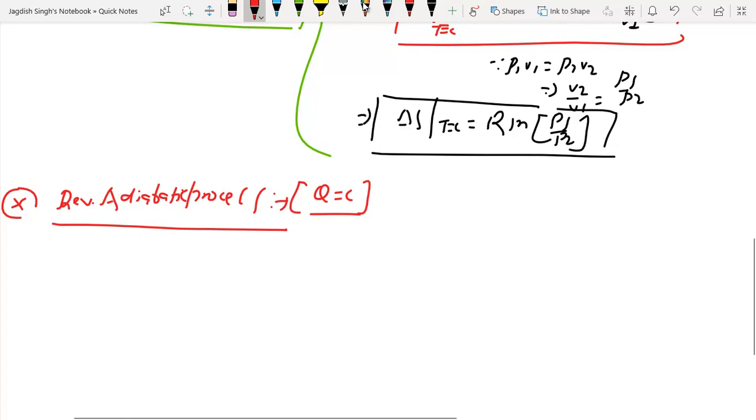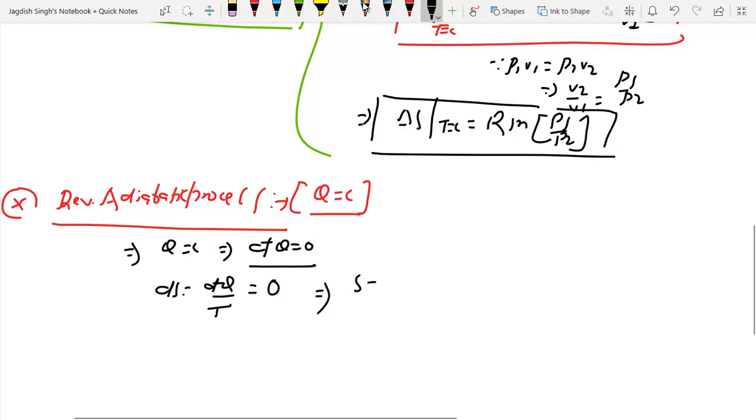So in this process Q is constant. If Q is constant, that means dQ will be 0. And we know dS is equal to dQ by T. This implies that since dQ is 0, dS is 0. In this process S is constant. So this process is also called an isentropic process.